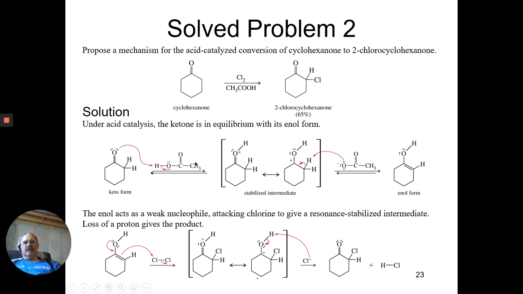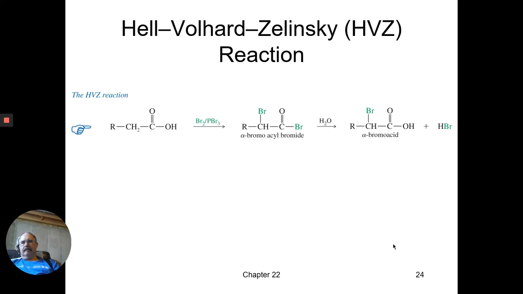That gives us back our acetic acid. We get the enol form. Oxygen then pushes down. The alkene attacks the chlorine, and then chloride removes this hydrogen, and we get our alpha chlorinated cyclohexanone.